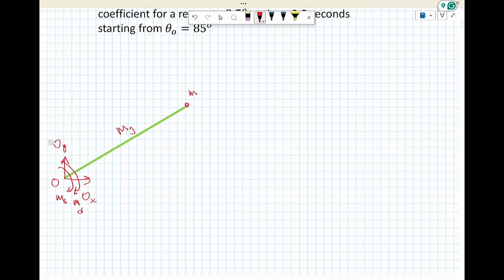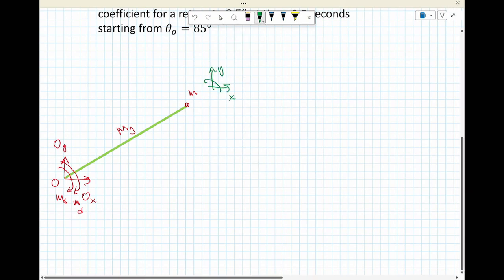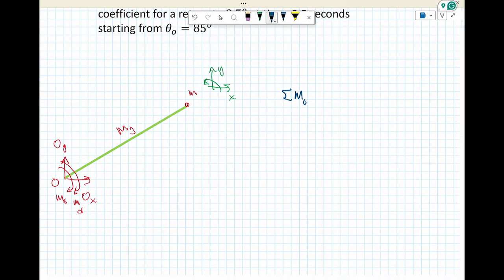So if I'm looking at this, I'm going to do sum of moments about O. And I don't have to worry about the mass in that direction unless it's vertical. So I don't think it's vertical in this case.